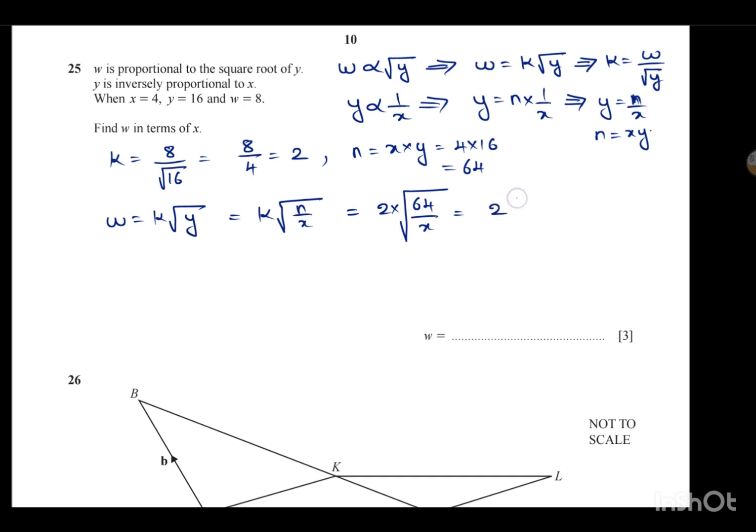So root 64, separate the roots here. 2 into root 64 is 8 by root x, which is 16 by root x. So therefore we got here w in terms of x. That's it. 16 by root x.